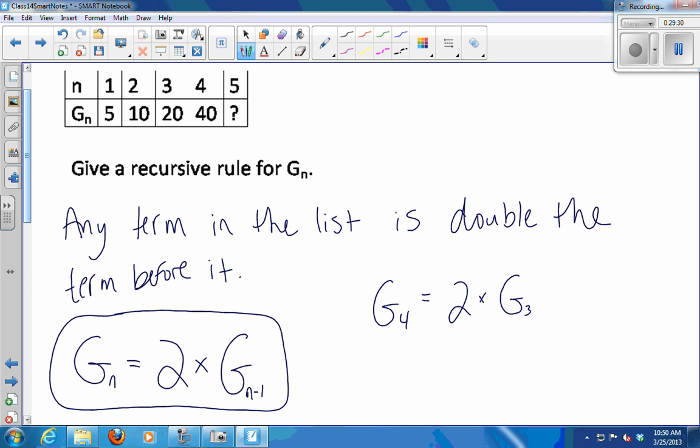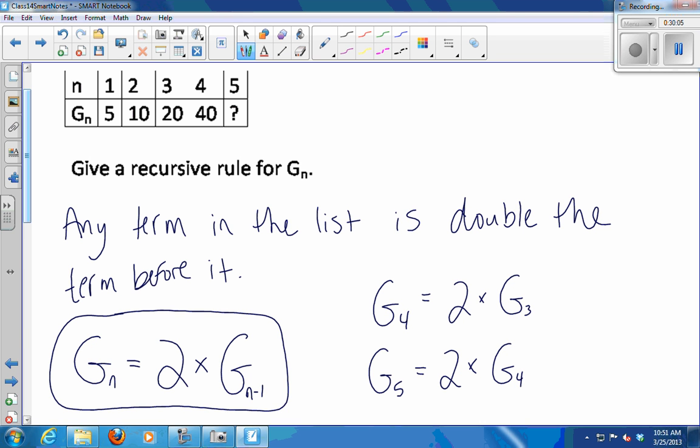So if I wanted to make this generic, or let's do one more. Let's say G5, which is 80. That's 2 times G4, 2 times 40. Okay, so my subscripts 5 and then 4 differ by 1. One is 1 smaller than the other. Do you always use a subscript to make that n-1?